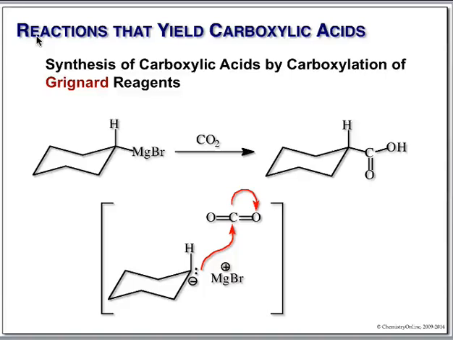Any questions? Now again, most of these you know. The two you didn't know were hydrolysis of a nitrile and carboxylation of a Grignard. But everything else is either from Organic 1 or stuff we've done now.